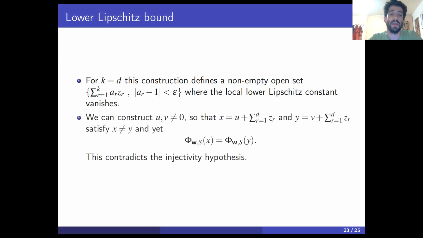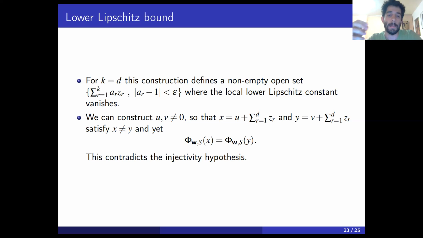And if you have this property, it is easy to construct a contradiction with the injectivity hypothesis, because remember that our original theorem stated that injectivity implies stability. So what we said was, suppose that we have injectivity and we don't have stability.